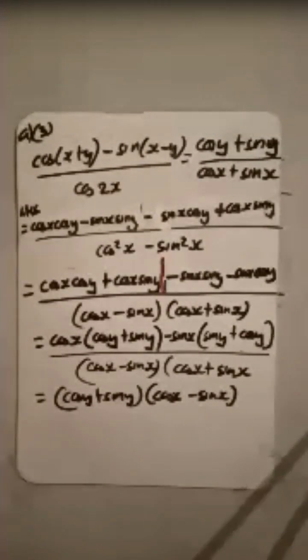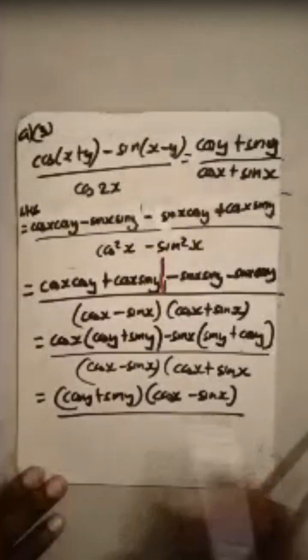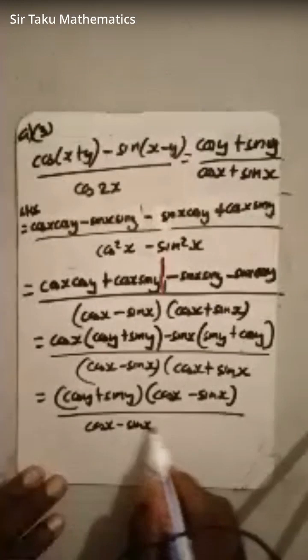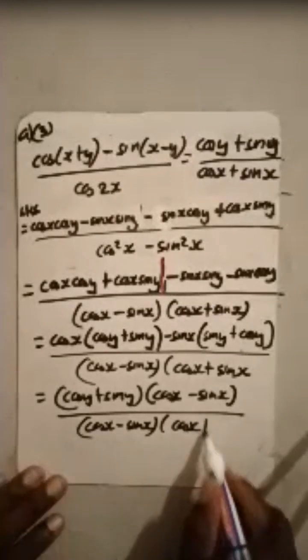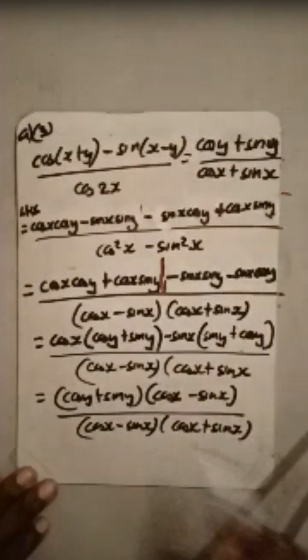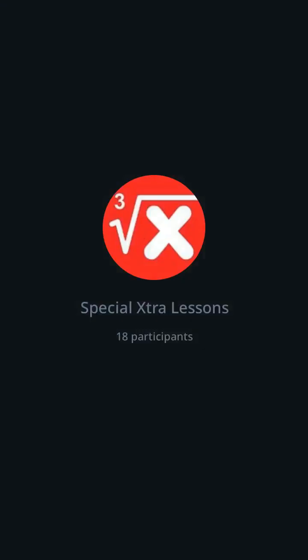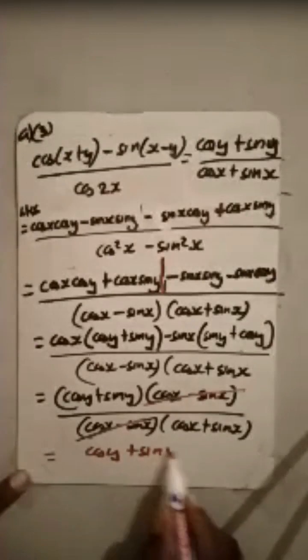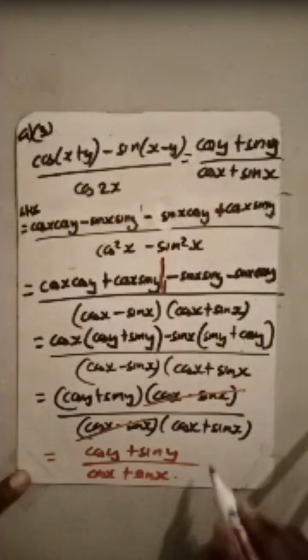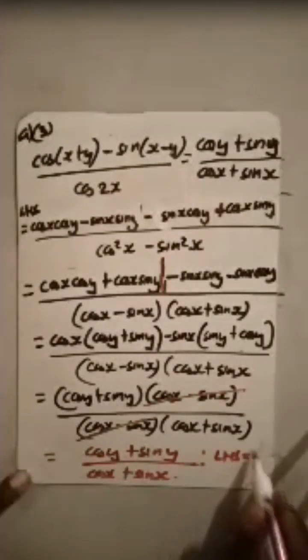Over, then on the bottom, we have cos x minus sin x, then cos x plus sin x. What is going to go is that one and that one, because they're the same. So I'm now left with cos y plus sin y over cos x plus sin x. Therefore, the left-hand side is equal to the right-hand side.